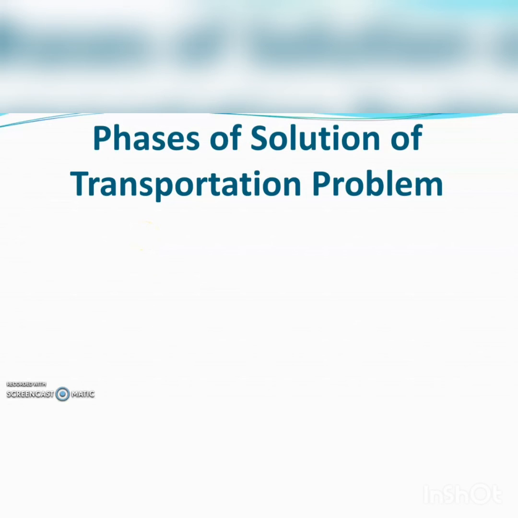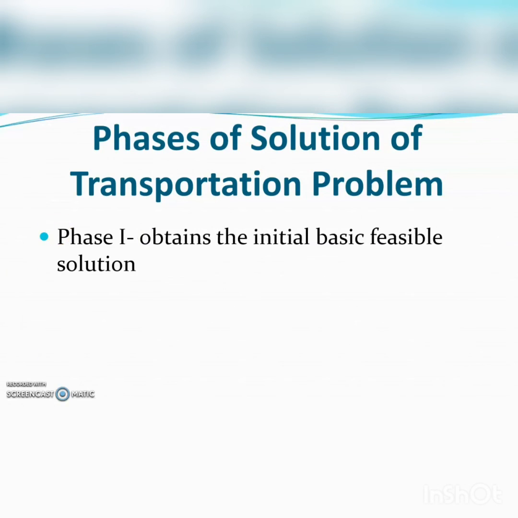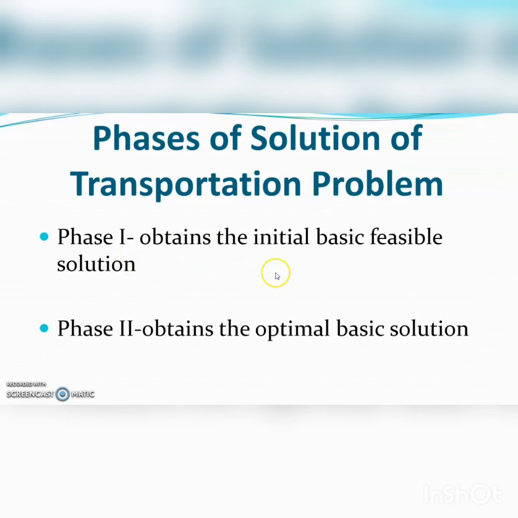The solution of a transportation problem is obtained in two phases. In the first phase, we obtain an initial basic feasible solution, and in the second phase, we convert this solution to an optimal basic feasible solution.